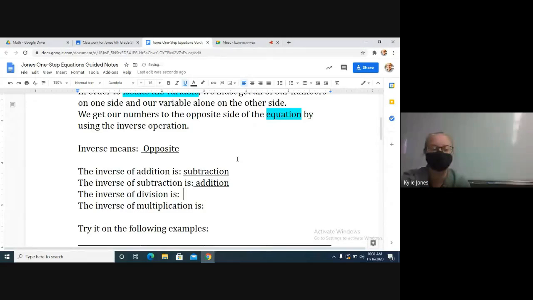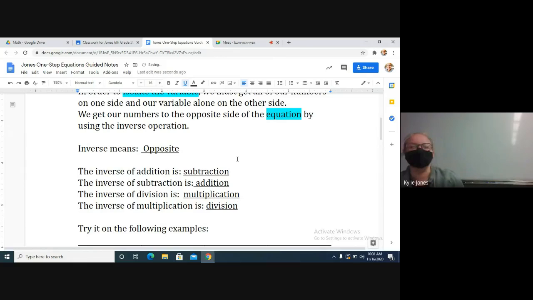Okay, our next one. What is the opposite of dividing? Multiplication. You're going to multiply instead. Okay, so the opposite of dividing would be to multiply. And then finally, what would be the opposite of multiplying something?